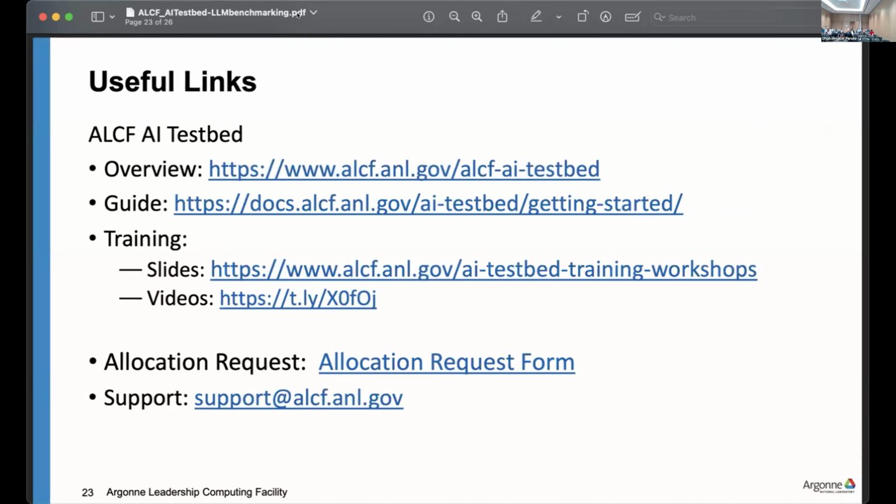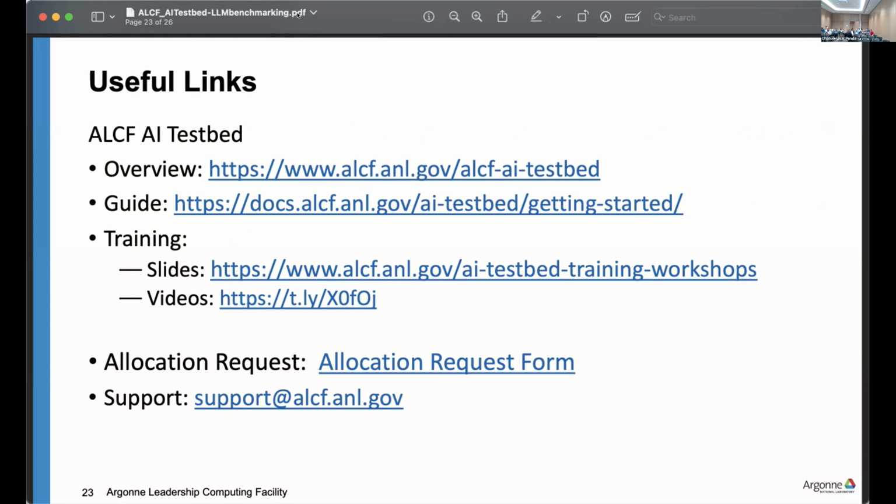And the AI testbed, as I mentioned, the resources are open. So if anyone wants to get their hands on the systems, there's a straightforward way to get access. We have an allocation program called the Director's Discretionary Allocation, or DD allocation. It's a pretty short form.